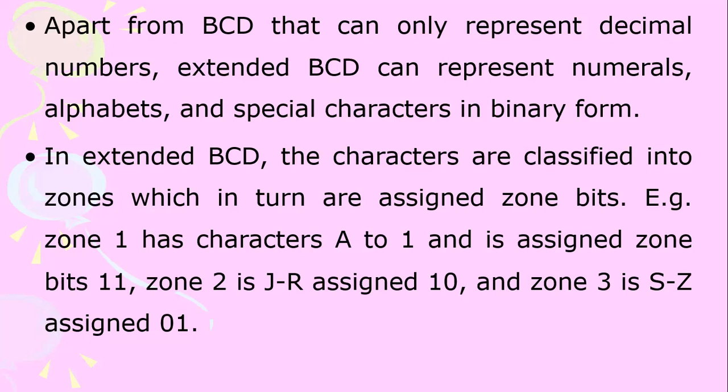Therefore, you can easily look at the binary representation of a character and tell whether it is in zone 1, that is A to the character preceding J: A, B, C, D, E, F, G, H, I. So zone 1 would span from A to I.